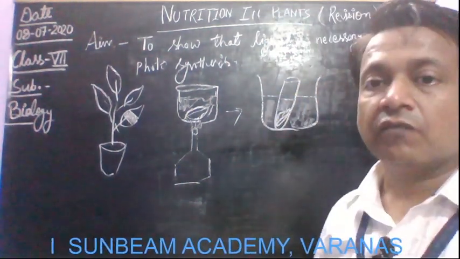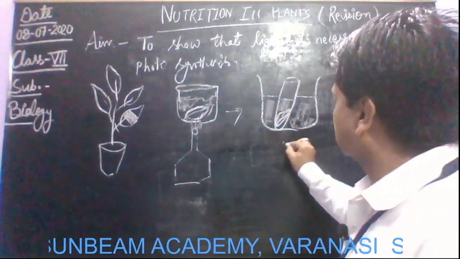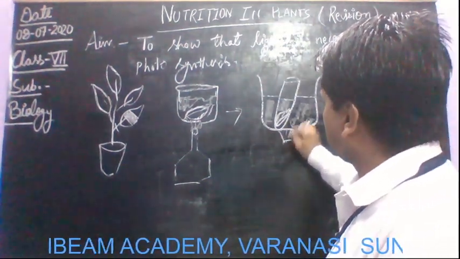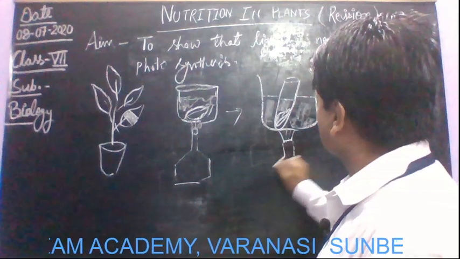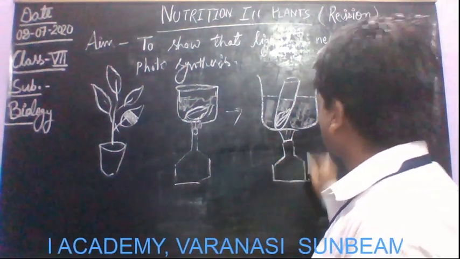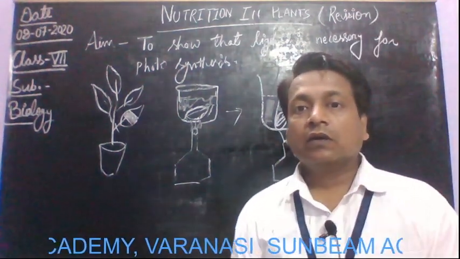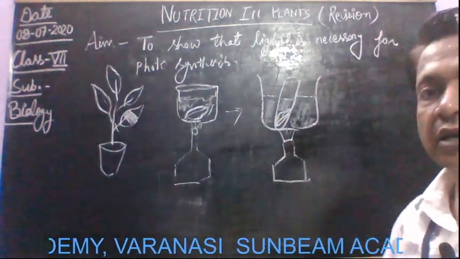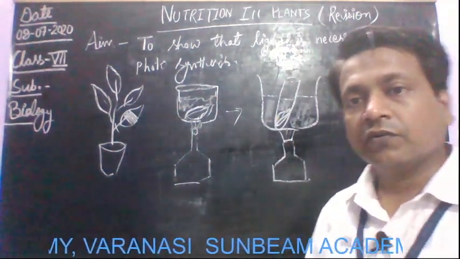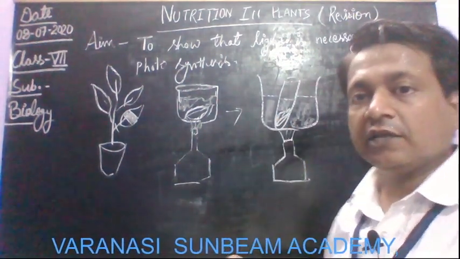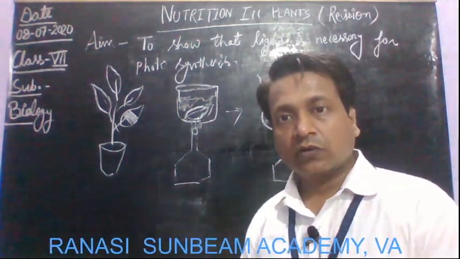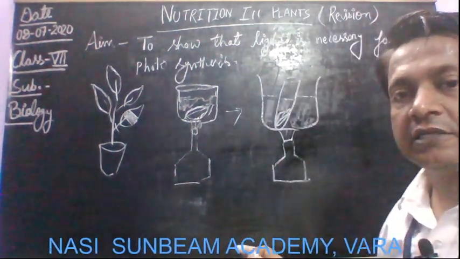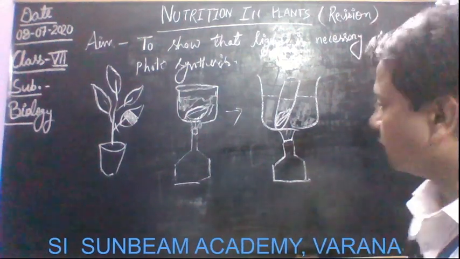And again we will warm it. When the alcohol starts boiling, after about 2 minutes, we will take the leaf out from the alcohol and spread it on a surface.